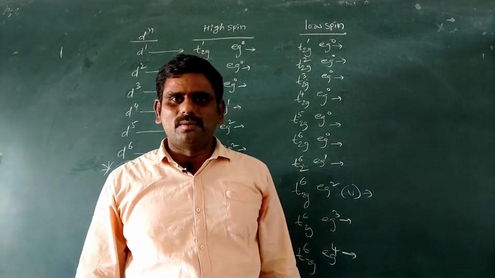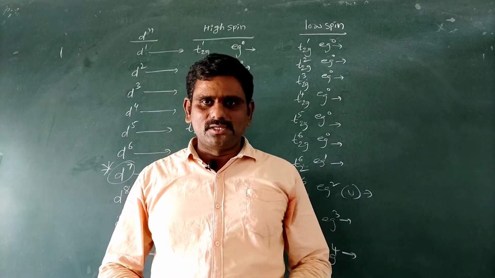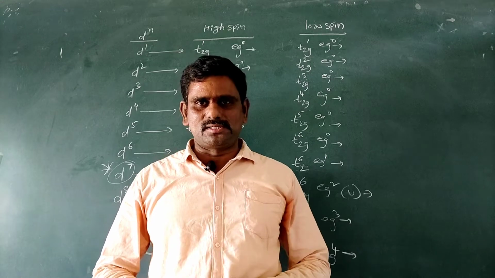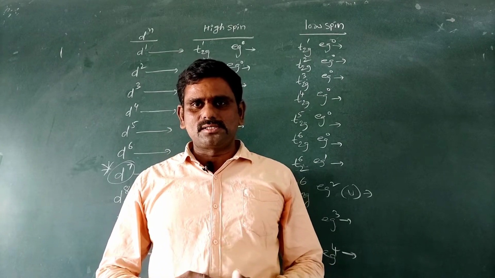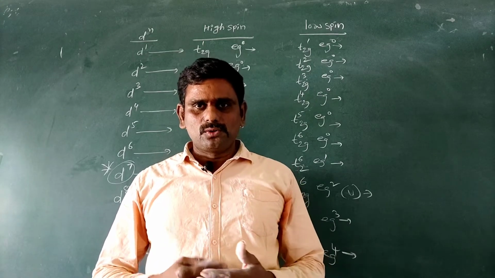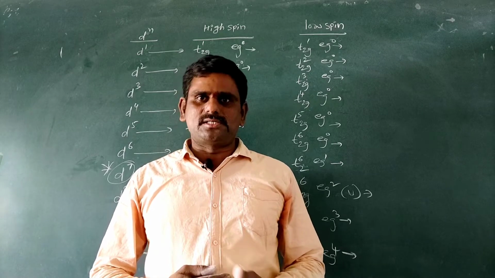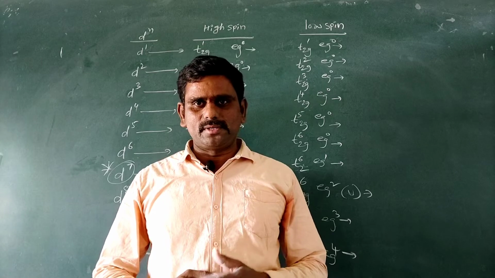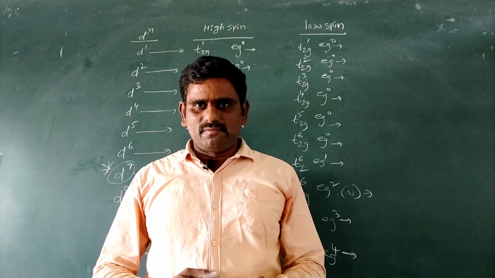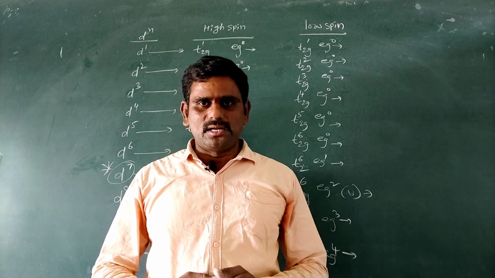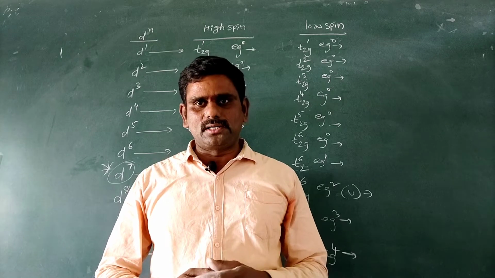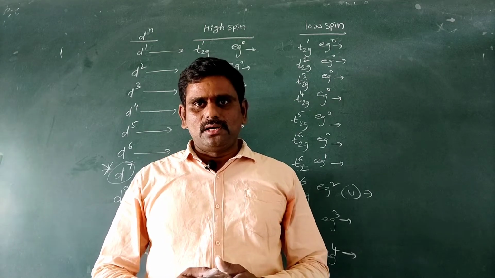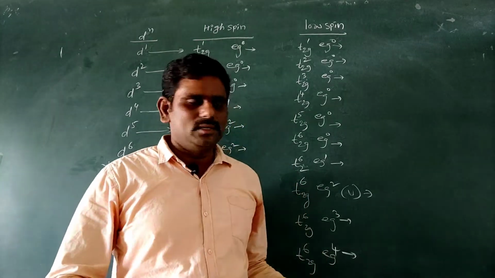Now we are going to apply our Jahn-Teller conditions to different systems, high spin systems and low spin systems. Before going to understand this concept, go through the crystal field theory, because you need to know how electronic arrangements are present in the presence of weak and strong ligands, particularly in octahedral complexes. First go through that, and after that you come here.